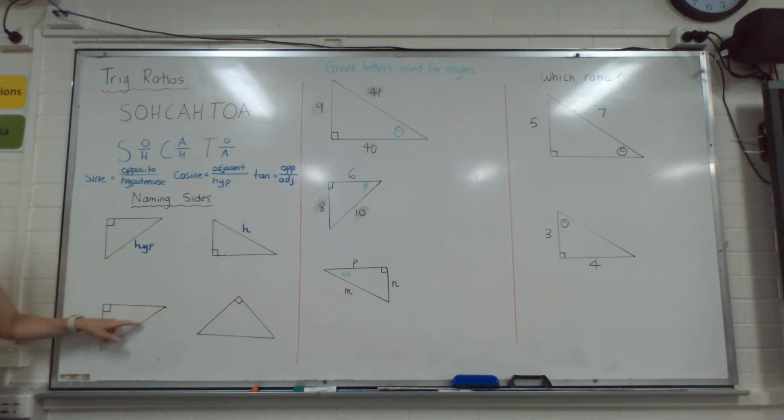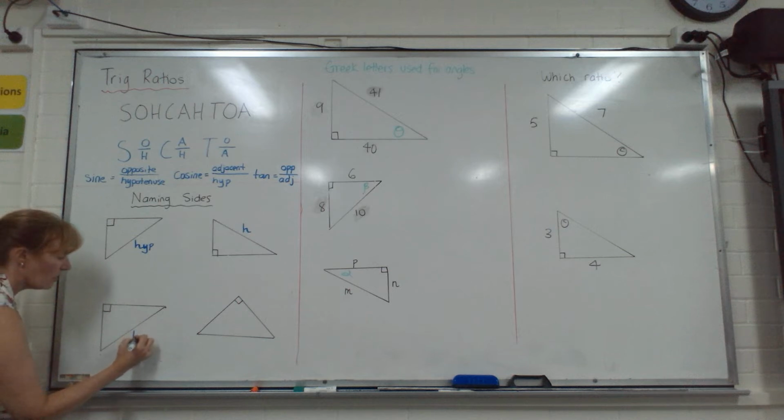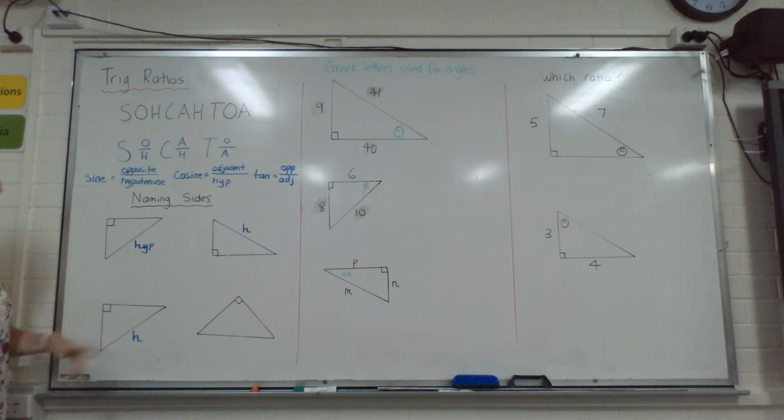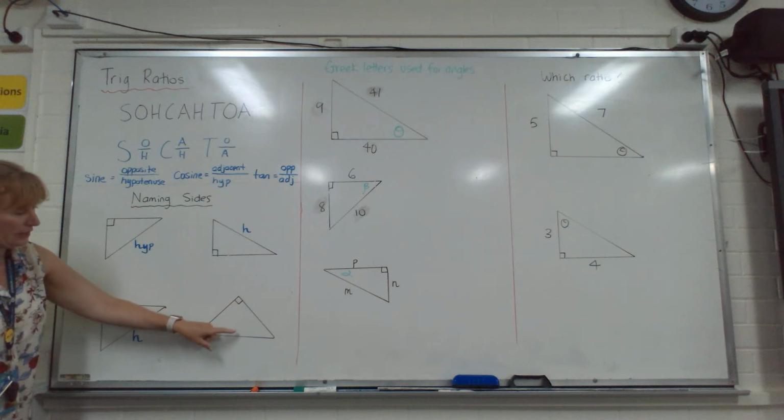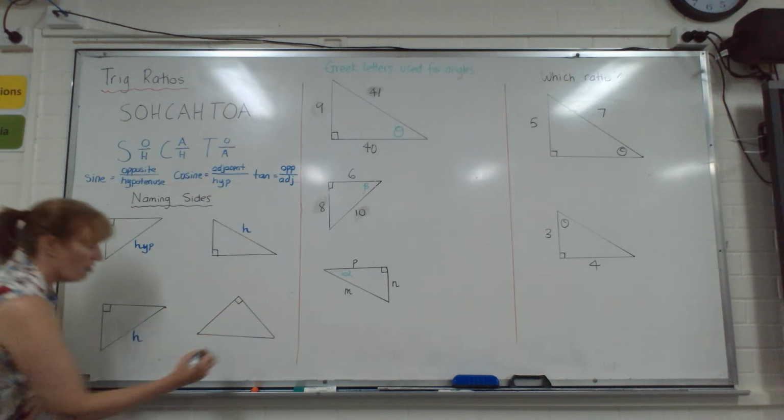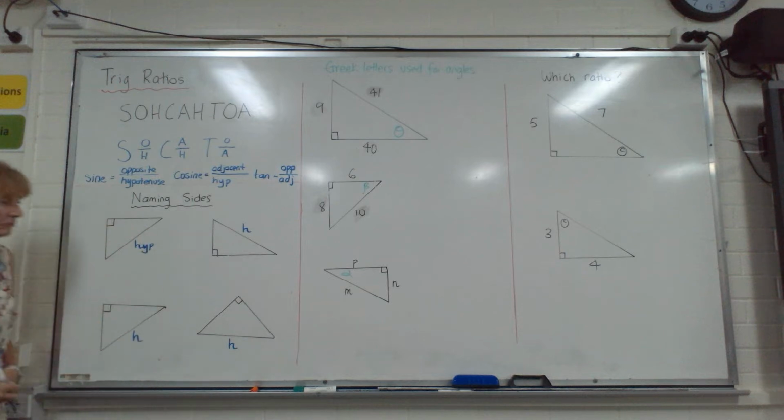In the third one, this line here is our longest side of the triangle, our hypotenuse. The last one's a little bit tricky, but just keep in mind, we've got our right angle here, this is the line opposite it, this is our hypotenuse. So I've just changed the orientation of that triangle to try and trick you a bit.